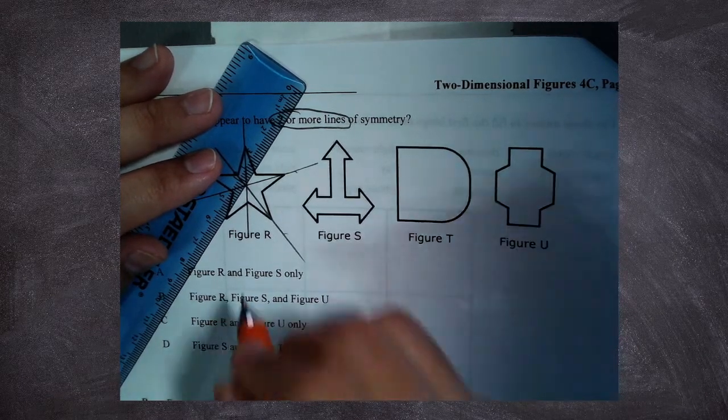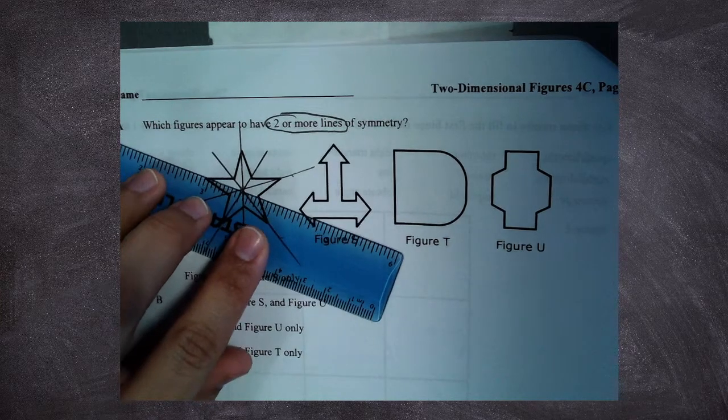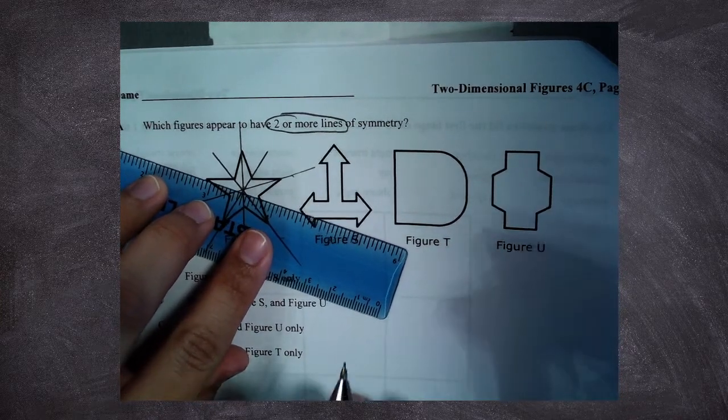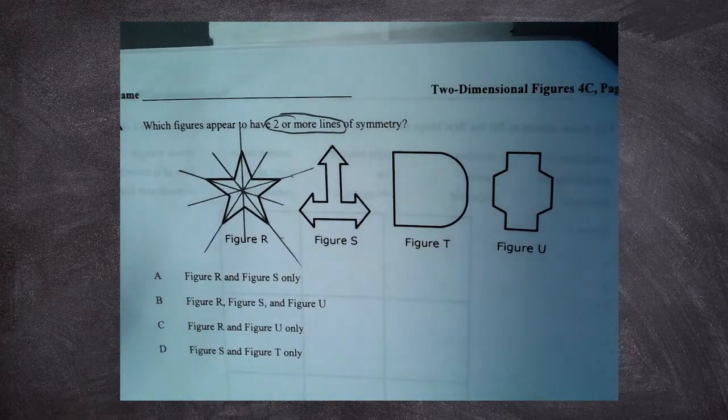I could make a line here and have symmetry. Or I could even make a line right there and have symmetry. So a star has a lot of lines of symmetry, a lot of places where if I were to cut it or fold it there, I'd have two congruent pieces, two equal pieces, or balanced, like Alexa said.